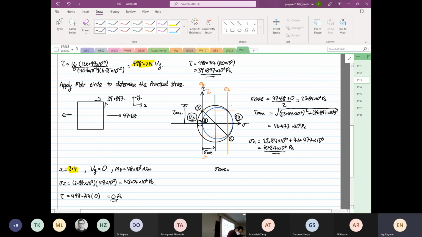It's equal to 143.04 times 10 to the power 6 plus 0, divided by 2. So 71.52 times 10 to the power 6 Pascal. I apologize, this is all times 10 to the power 6.